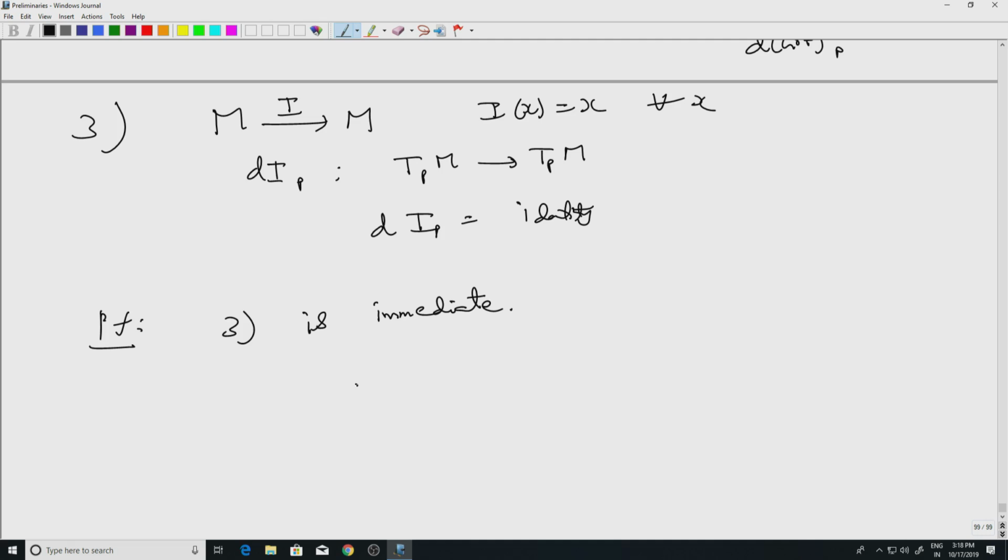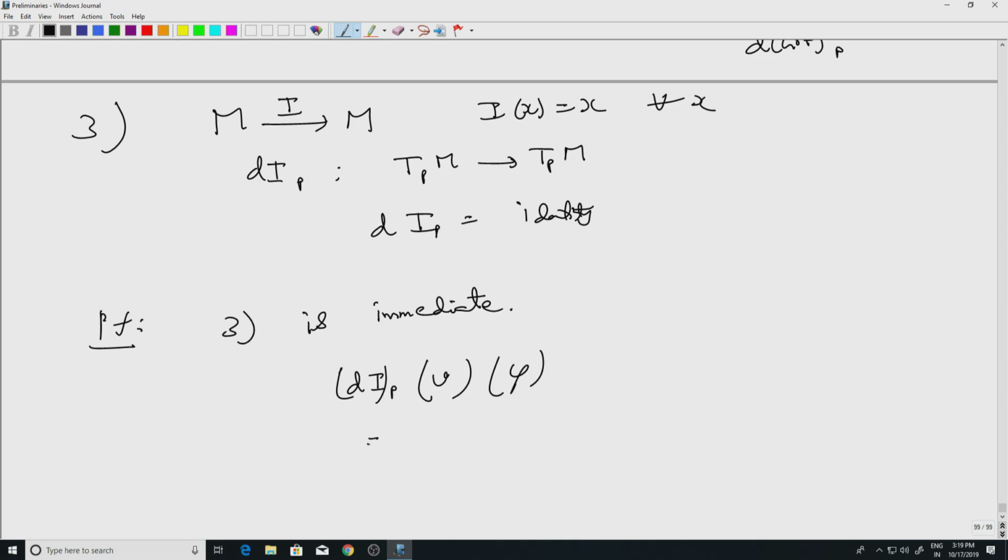Well, we look at the derivative DI at P. It is a linear map from T_P M to T_P M. So it should act on V, an element of T_P M, which will act on a C infinity function.